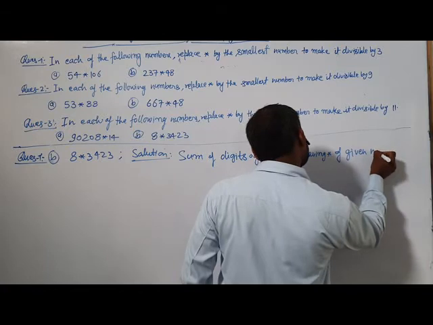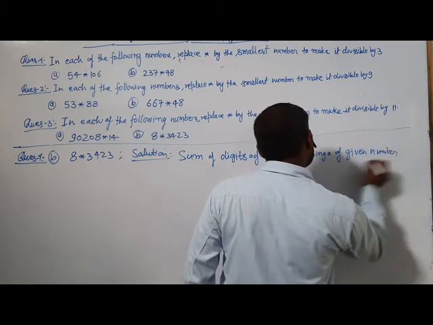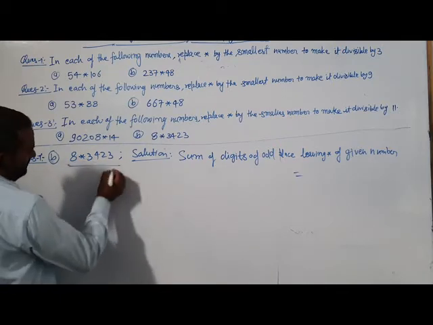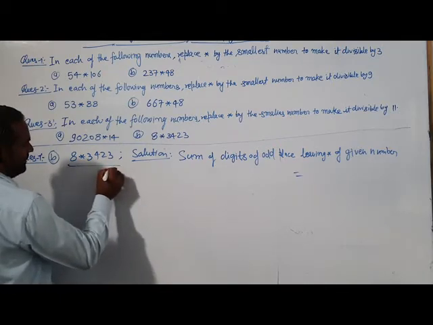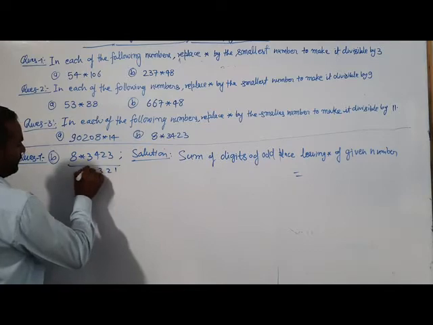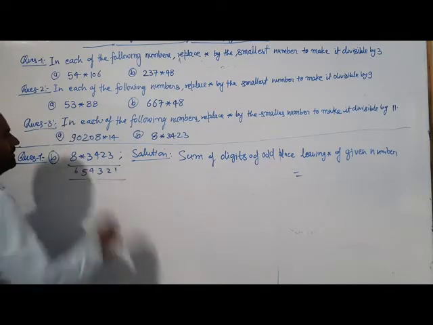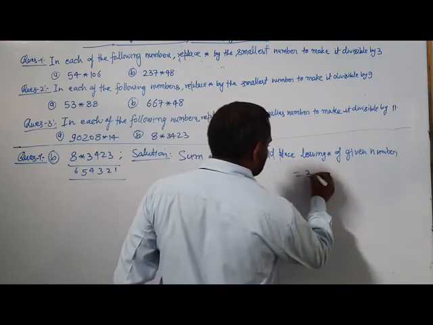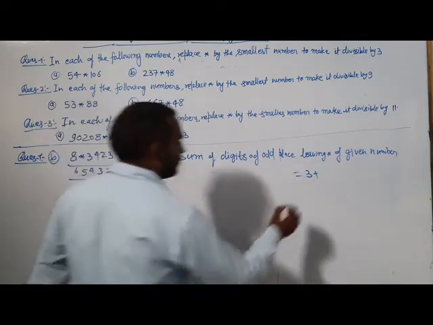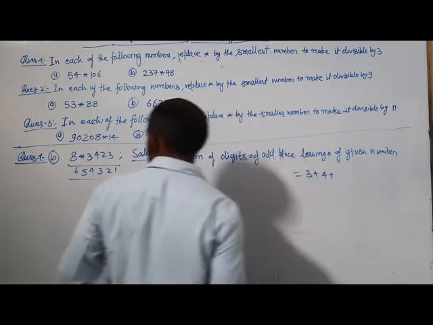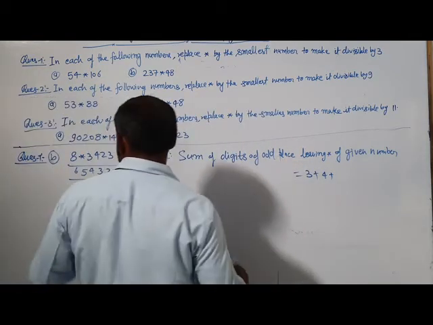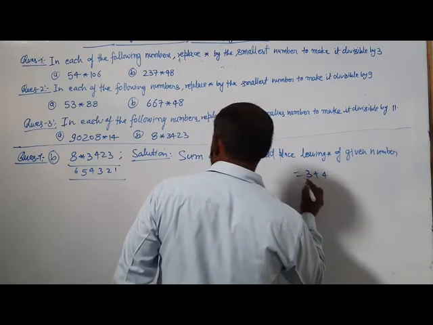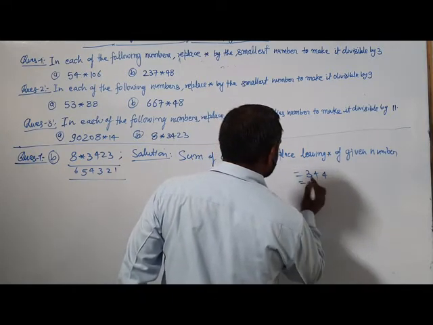First of all we have to start the numbering from the right side: 1 2 3 4 5 6. Sum of odd places: first place is 3, third place is 4, fifth place is the star, leaving it, only 4. 4 plus 3 is 7.